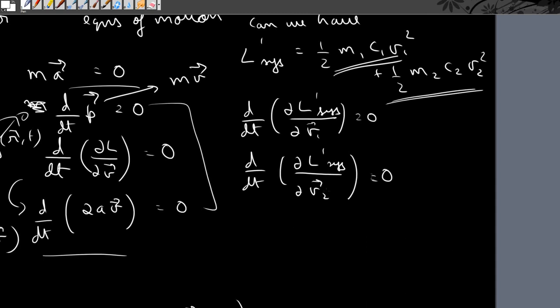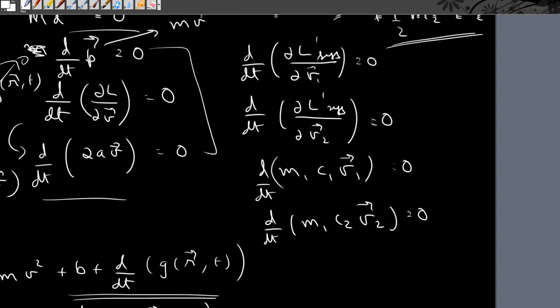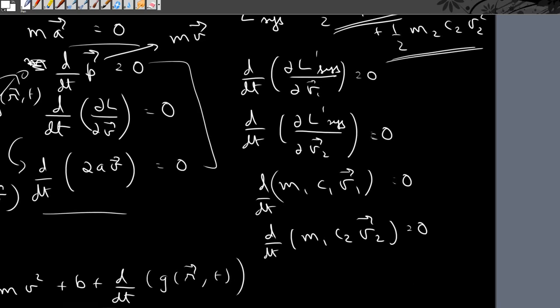Applying this individually, we are going to get d by dt of m1 c1 v1 equal to 0, and d by dt of m2 c2 v2 equal to 0. Okay, so what does this tell us? Of course, it tells us that the individual particles are moving freely.